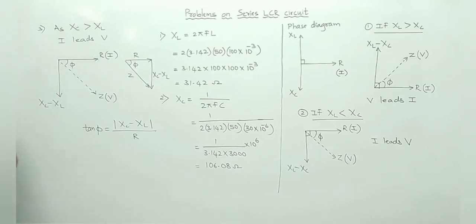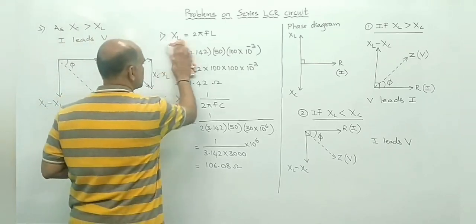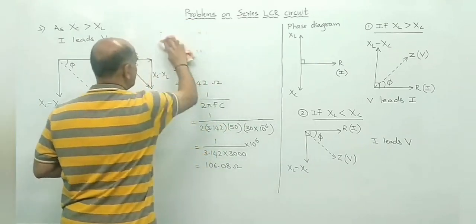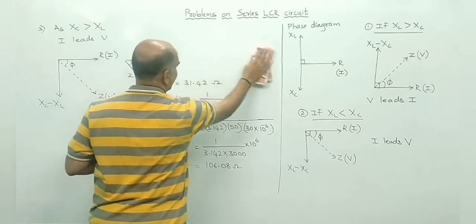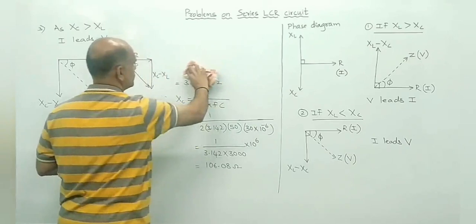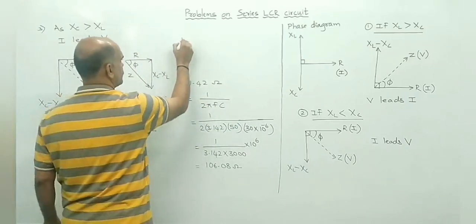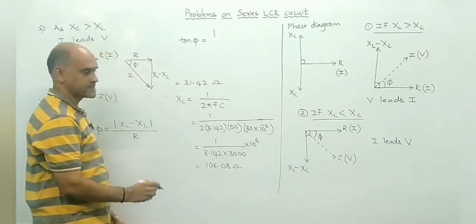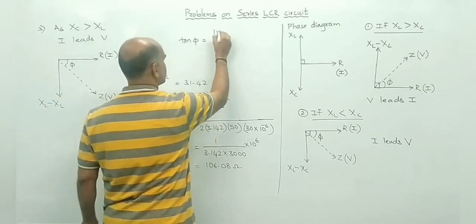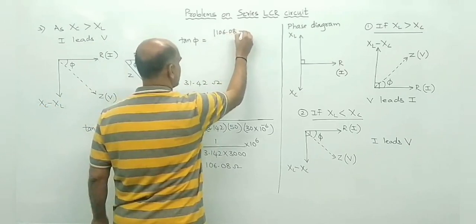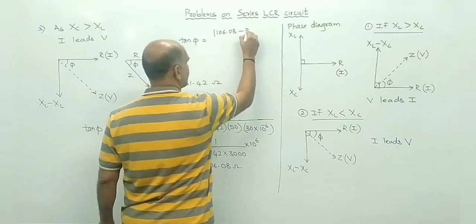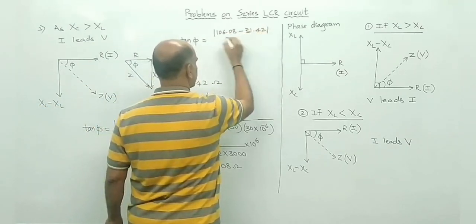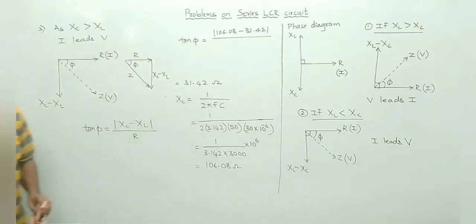So if I substitute the values, tan phi is equal to mod of XC minus XL, that is 106.08 minus 31.42, divided by resistance. Resistance here is given as 200 ohms.